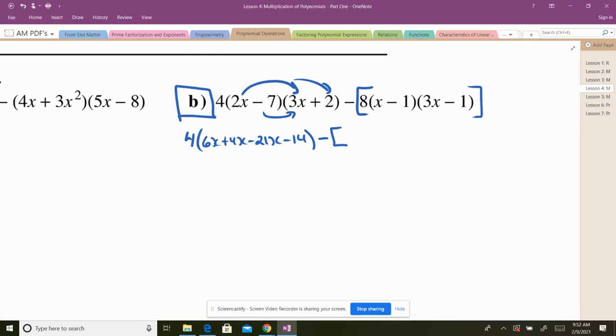Minus, I assume people want to do the brackets in the second bit too. All right, so the 8 just hangs out. x times 3x is 3x squared. x times negative 1, negative x, negative 3x, and plus 1.